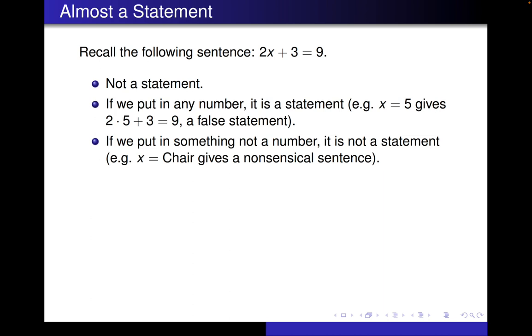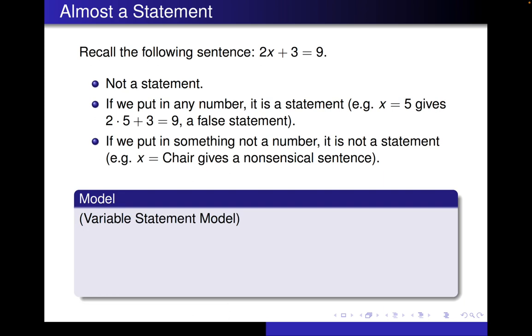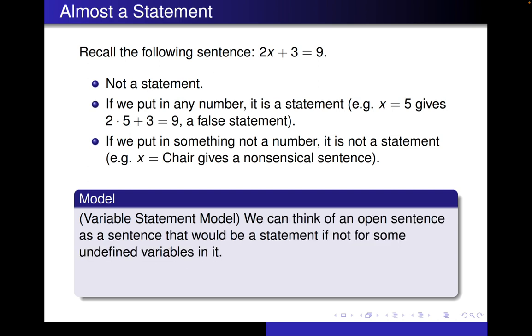So even though it's a sentence and it can be made into a statement by plugging in values of x, we've got to be careful which values of x we plug in to make it a statement. And so this gives us a model for thinking about what an open sentence is, which, by the way, 2x plus 3 equals 9 is an example of. You can think of it as a variable statement, a statement with variables in it.